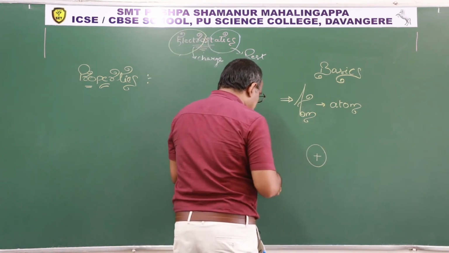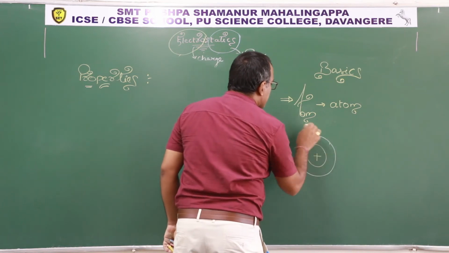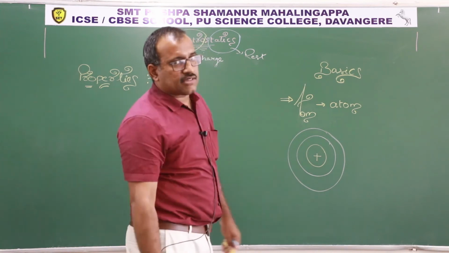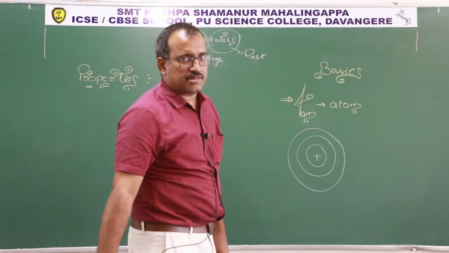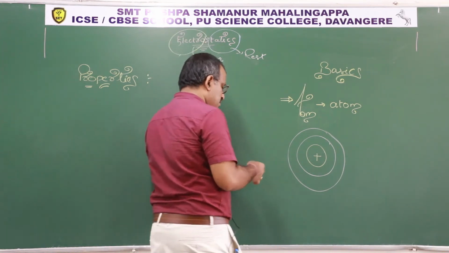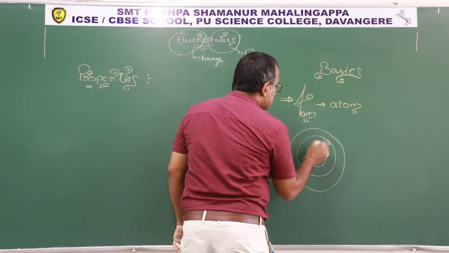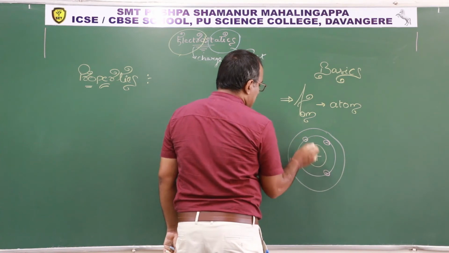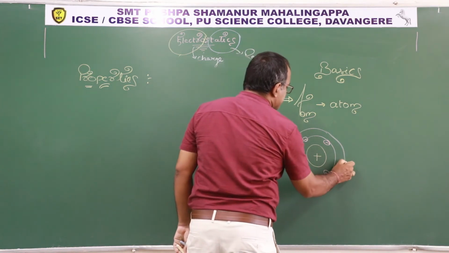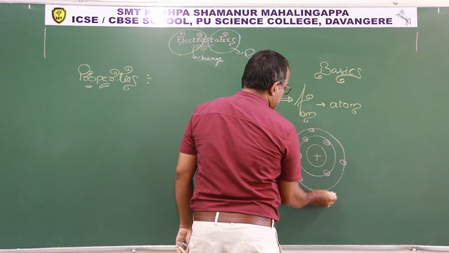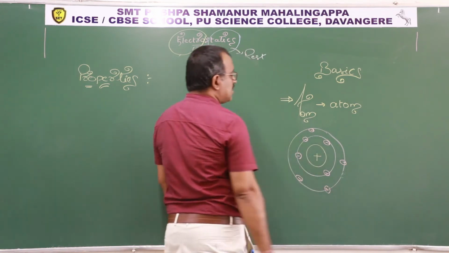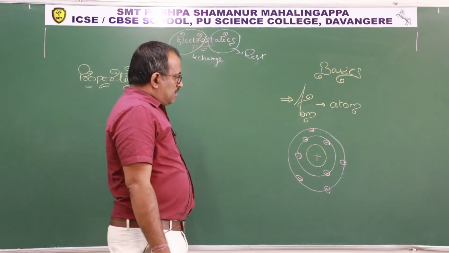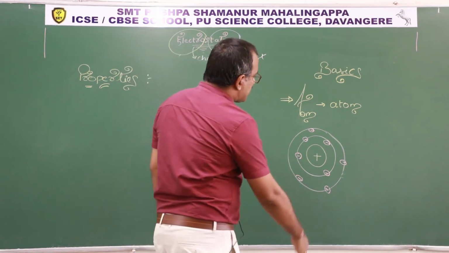And around the nucleus are orbits, where the electrons are revolving in circular orbits, right? Yes, perfect. Correct? So it is crystal clear.